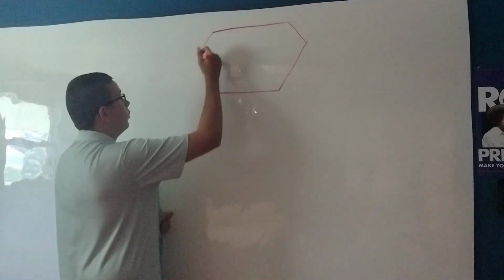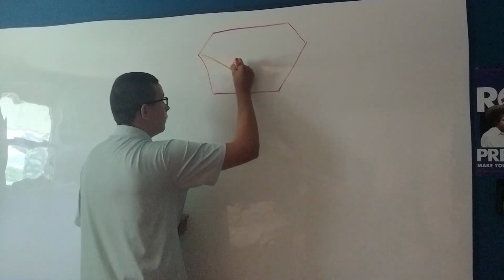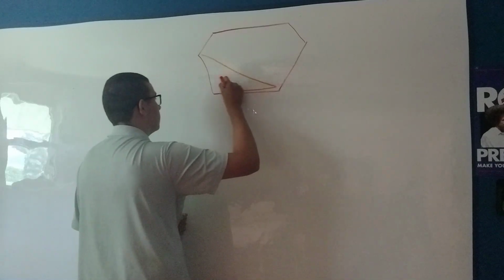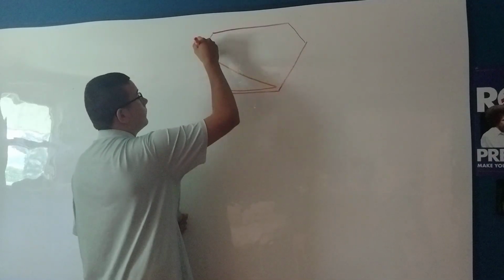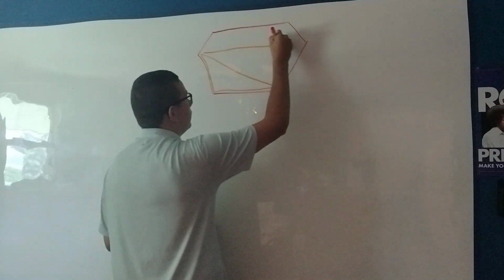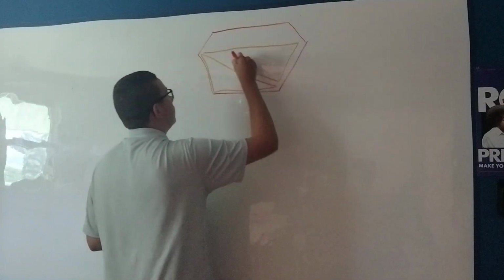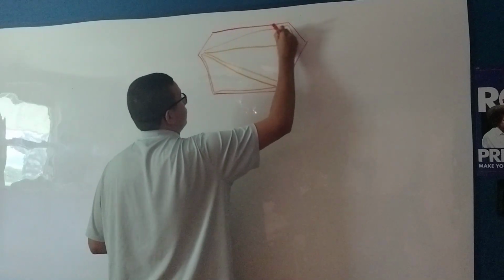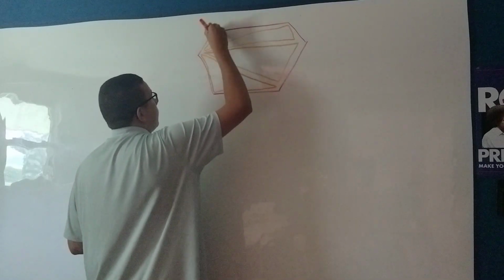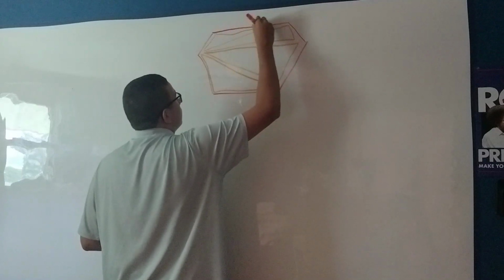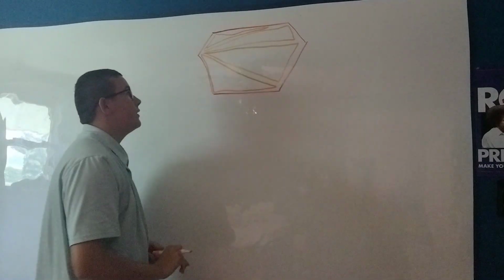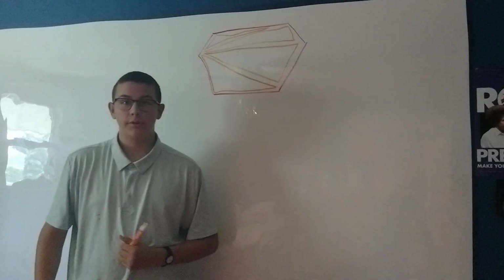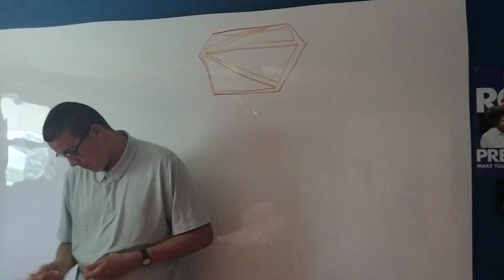Well, we can fit one triangle in all the corners like this. We can put another one in this corner like this, another one up into this corner, and then back like that. So we can fit 4 triangles in the 6-sided shape.